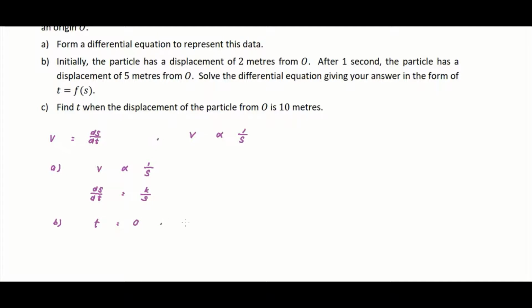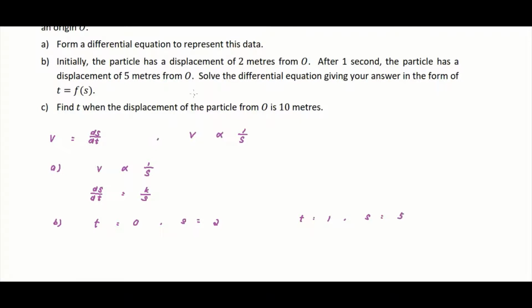So when t equals 0, we have a displacement s equals 2. Then the second one: after 1 second, the particle has a displacement of 5 meters from O. So when time equals 1, the displacement is 5. Okay, so these are the two pieces of information that we have.